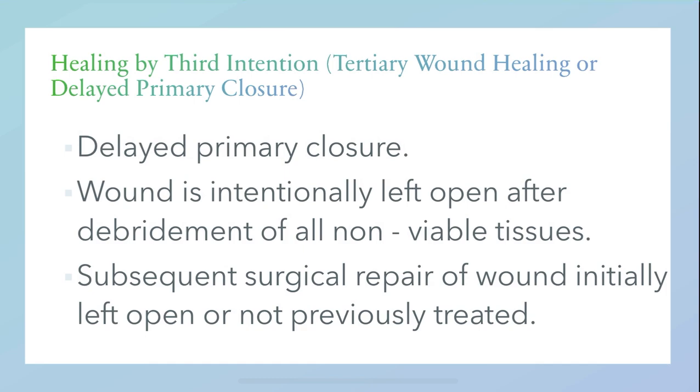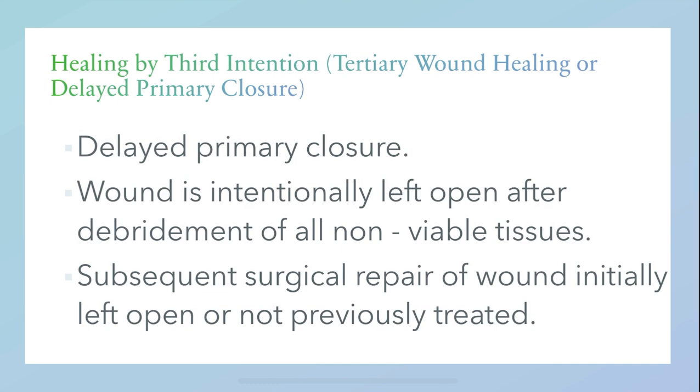And then we move on to healing by third intention, that is tertiary wound healing or delayed primary closure. The wound is intentionally left open after debridement of the non-viable tissues. Debridement is a procedure used to treat a wound in the skin.